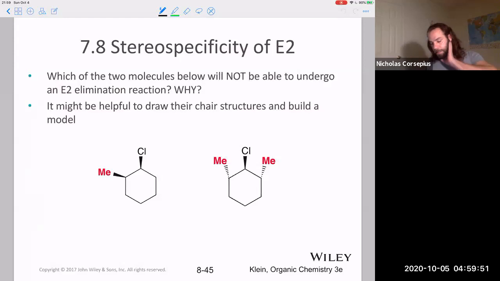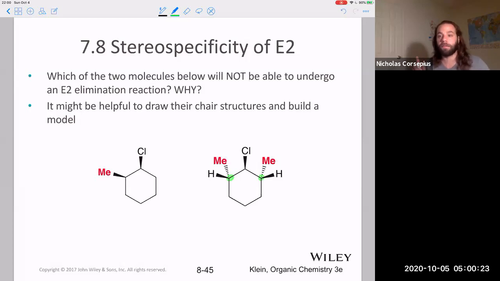So let's look at these two examples here. Again, what's really important is that you have to have a hydrogen on the other side. So one of these two won't be able to undergo an elimination reaction, period, right? And that's this one over here, because on either of those beta carbons, we do have a beta hydrogen, but they are on the same side as that chlorine, which means that they'll never be able to be coplanar.